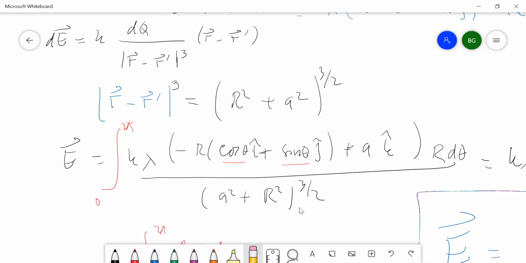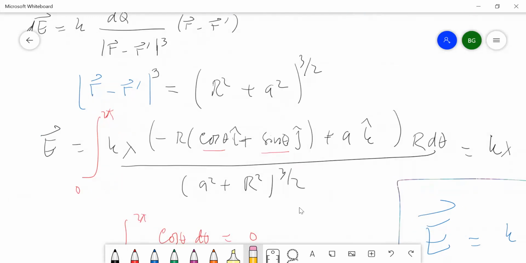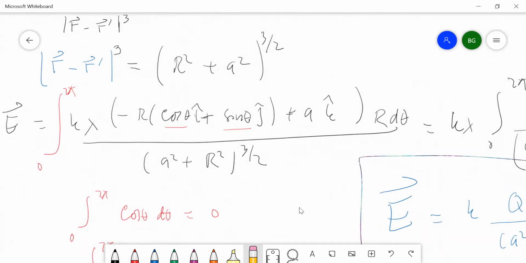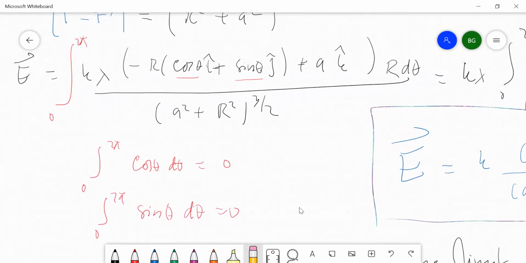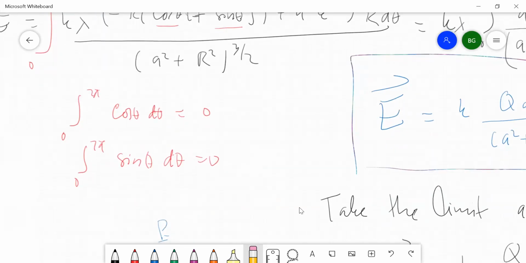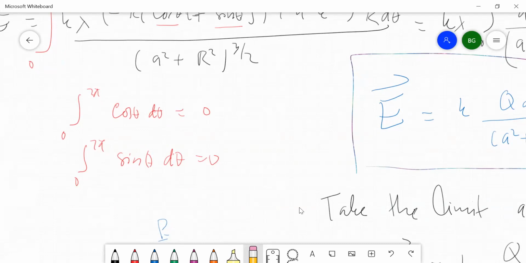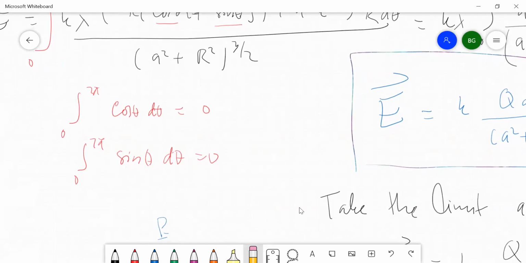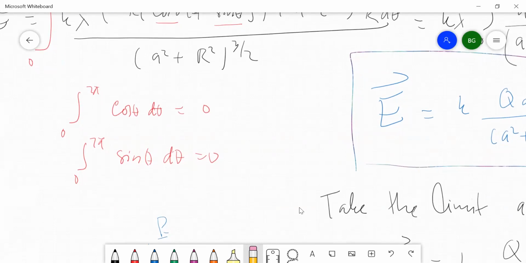you will get this, 0 to pi. Because the integral of cosine theta d theta from 0 to pi is 0, in this case equals 0. And the other one also, sine theta d theta from 0 to pi is also 0.